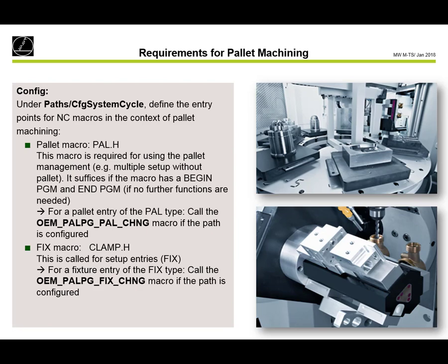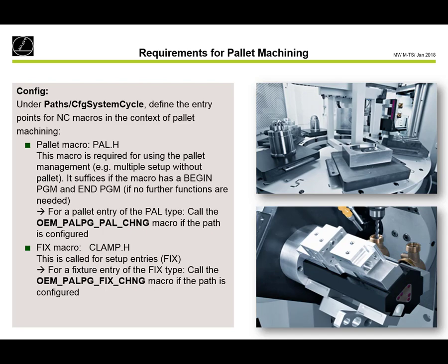So a little bit of configuration. The machine tool builder can add a lot of macros. For example, the pallet macro and the fix macro. The pallet macro is called when you have an entry in the pallet file of PAL for pallet.